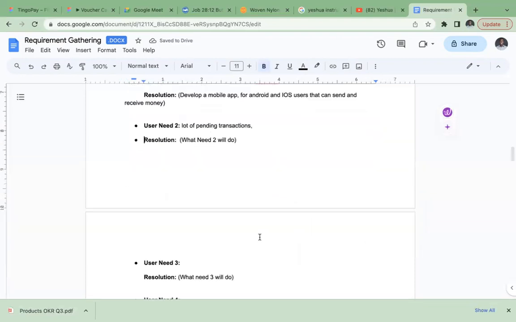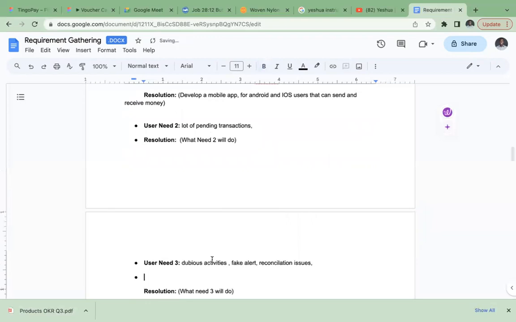For 3, we have dubious activities. Maybe fake alert can be 1, or fake alert can stand alone, right? So it falls under dubious activities. There may be other dubious activities that you don't know.